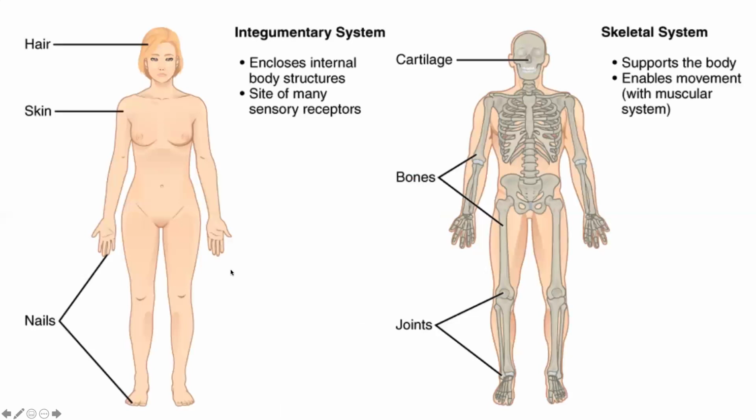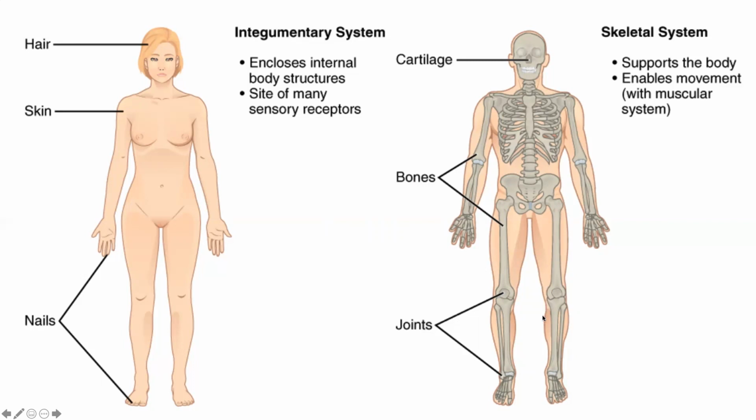If you look at these diagrams, the integumentary system is, of course, the skin, the nails, and the hair. The skeletal system means the bones in our body, and it also includes the cartilage and joints.